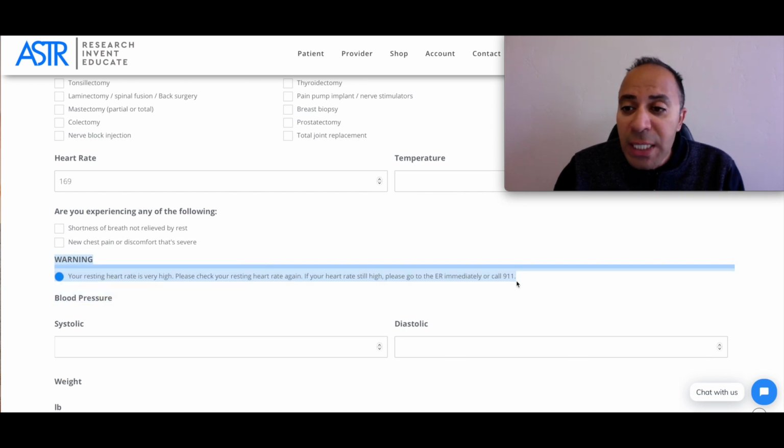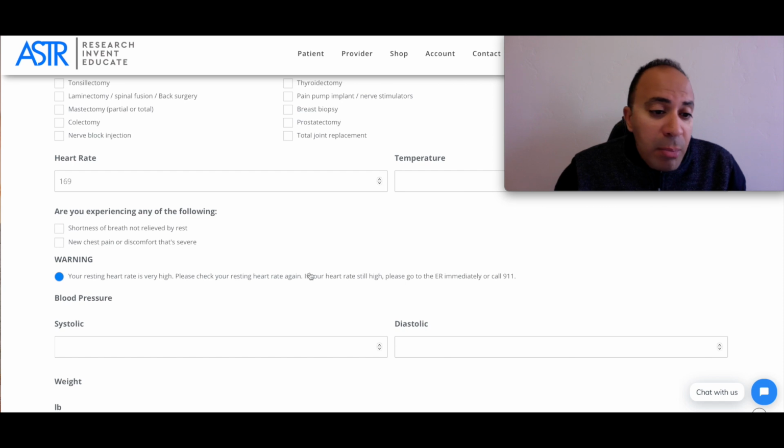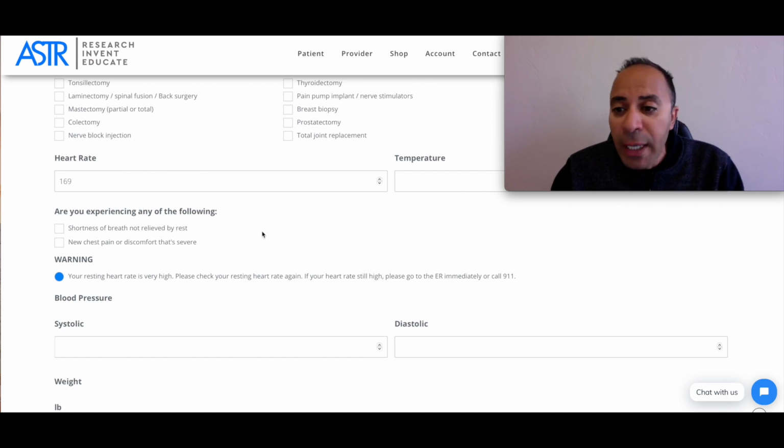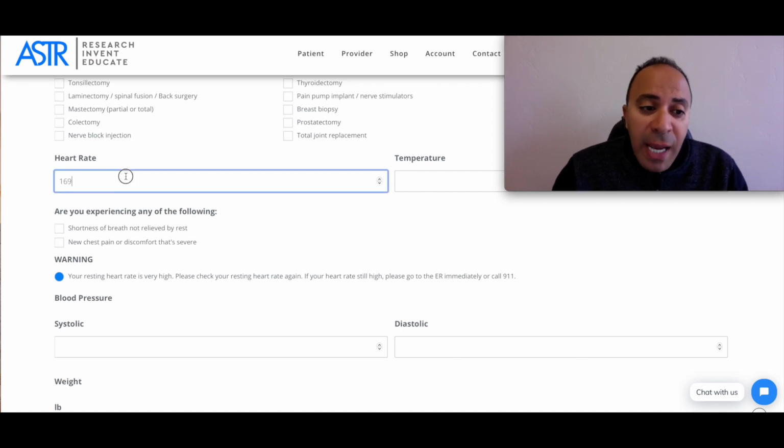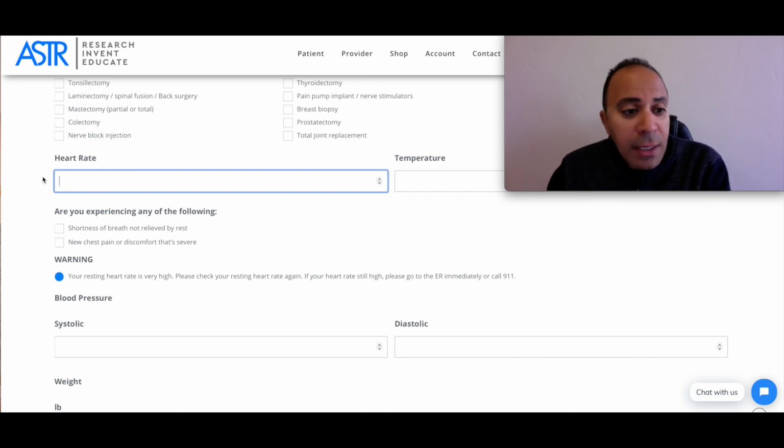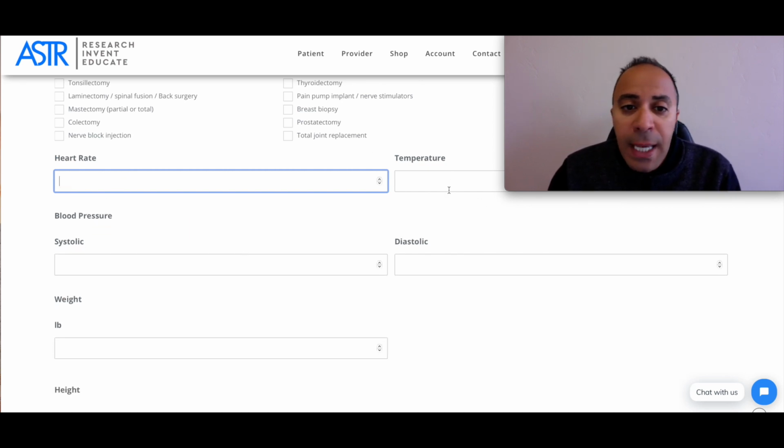The software will tell you what you need to do, whether I should go to my medical doctor, go to the ER, or whatever referrals you need. It will guide you to the proper healthcare provider if it's a life-threatening situation. If not, you're not going to get any warnings, and at the end you will see the warning again.